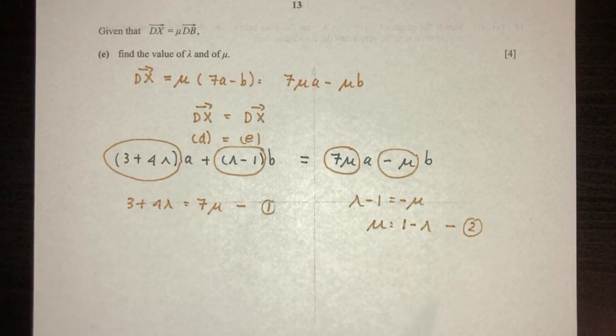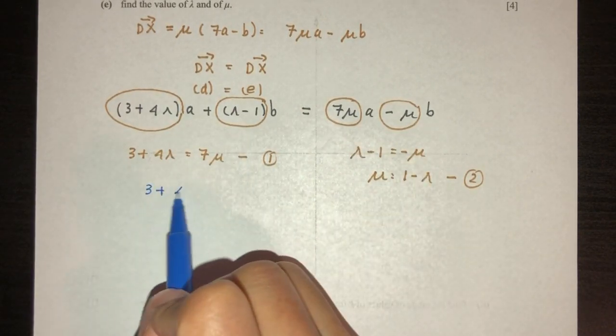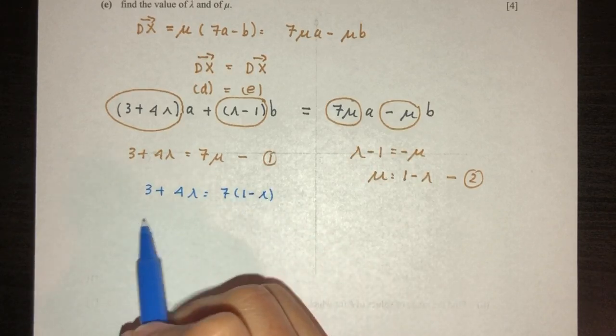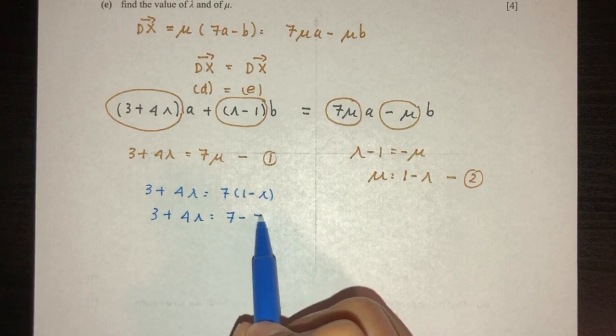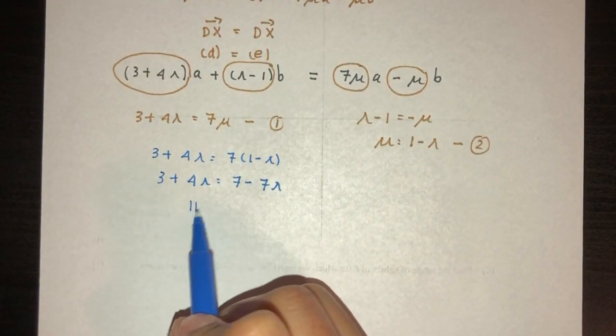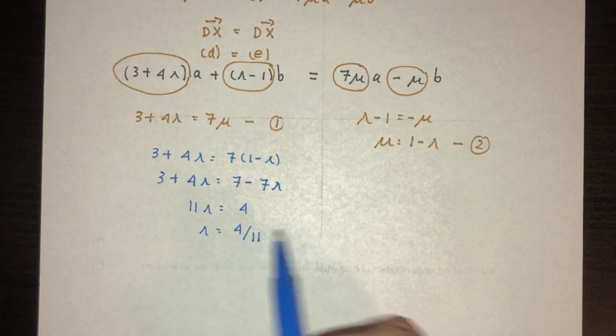Now we have to solve these two simultaneously. So let's find those values. Replace this in here. You will have 3 plus 4 lambda equals 7 times mu, which is 1 minus lambda. So 3 plus 4 lambda will be 7 minus 7 lambda. Now send this one over here. You will have 11 lambda equals 4, so lambda will be 4 over 11.